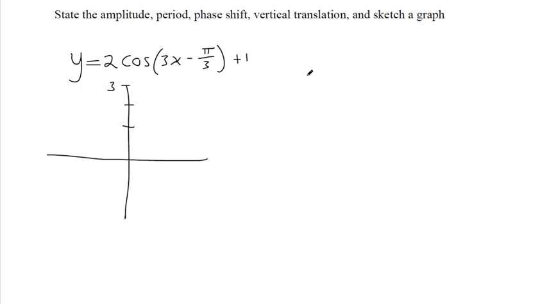To figure out exactly what the horizontal shift is, you have to put it in that general form I gave in my first video. You got to factor that 3 out of everything inside here. So this looks like x minus pi over 9 on the inside. So if you have a coefficient of x that's not 1, you've got to factor that number out of both terms on the inside. What I did was I did pi over 3 divided by 3.